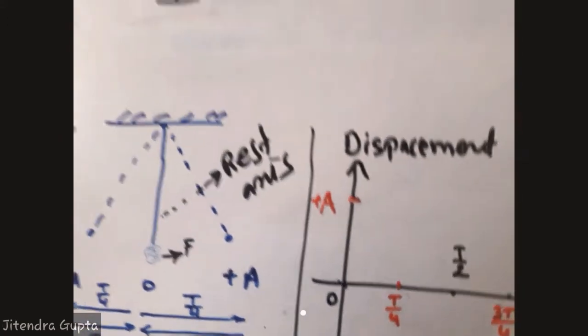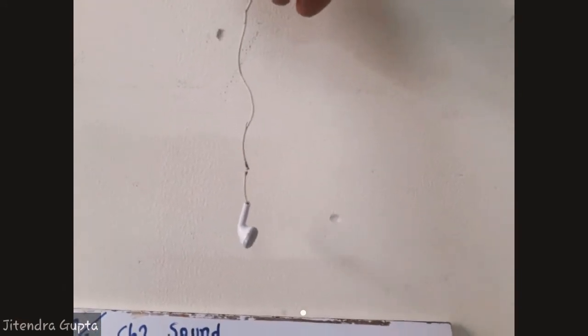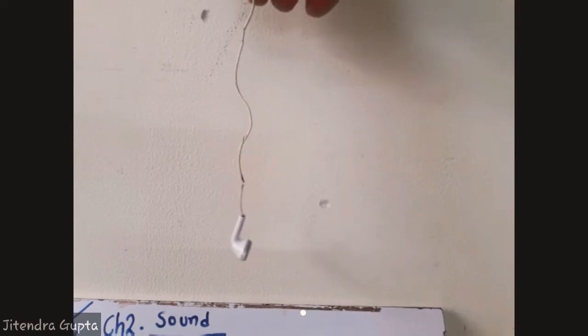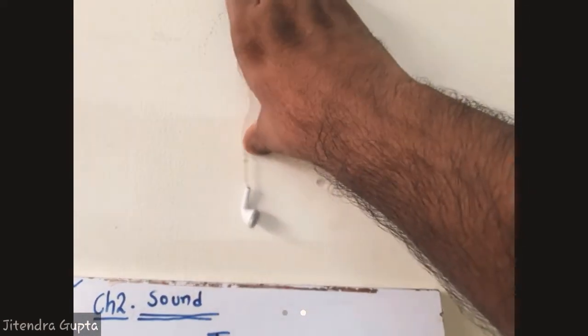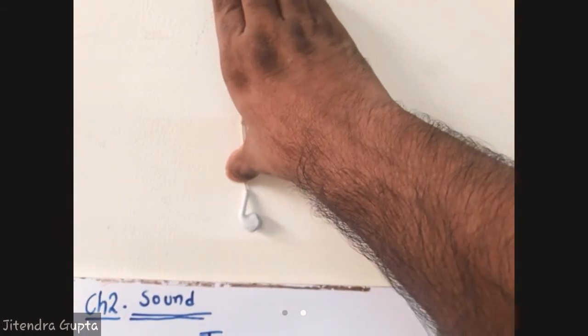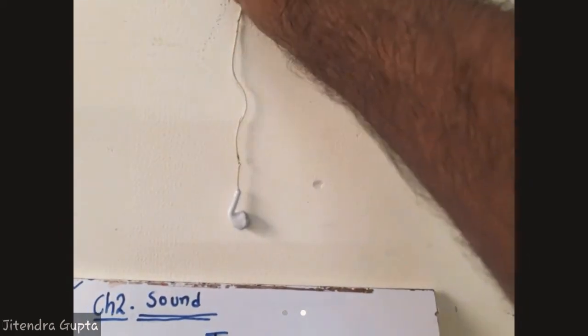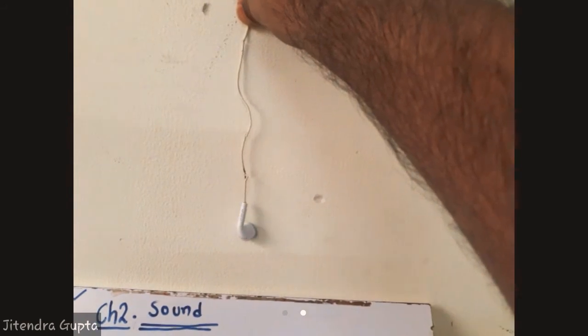So let us observe it using an experiment. Now pay attention. This is your bob, and this is the length, and this axis is called the rest axis. Without any application of force, in equilibrium, that position is called the rest axis.